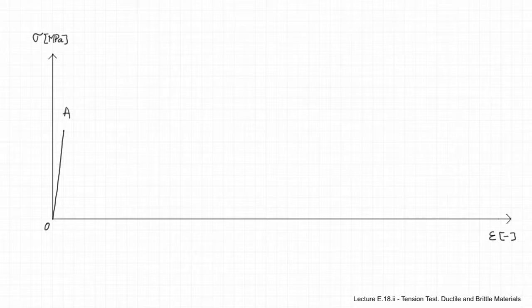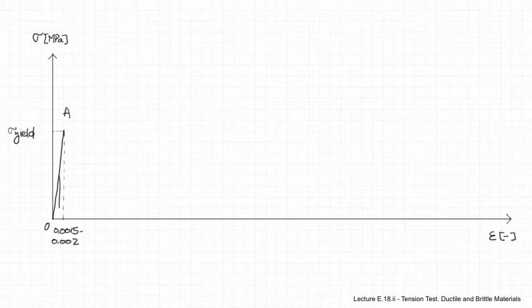Initially, a very steep portion from O to A, from a stress of 0 to a stress that we will term sigma yield. The corresponding strain for reaching sigma yield is very small, in the order of 0.15 to 0.2% of strain.